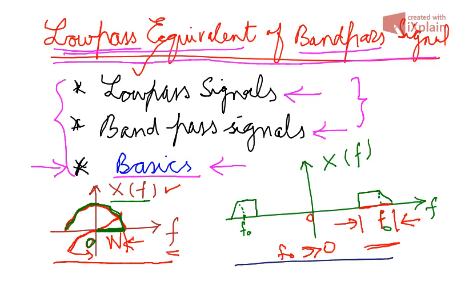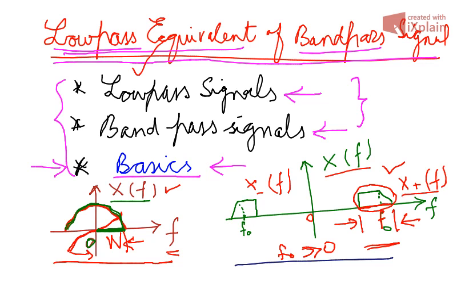We will come to these signals and try to understand these in more detail. We will try to find out the low pass equivalent of this signal, which is of interest. This one is also known as X plus of f, and this one is known as X minus of f, right? So our X of f has two spectral components.